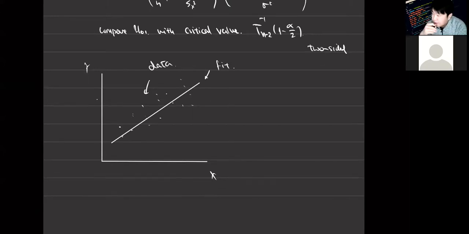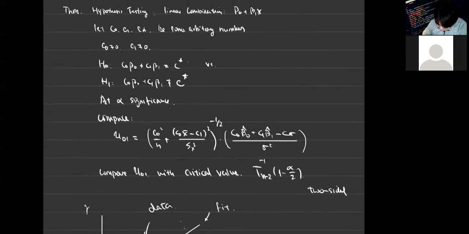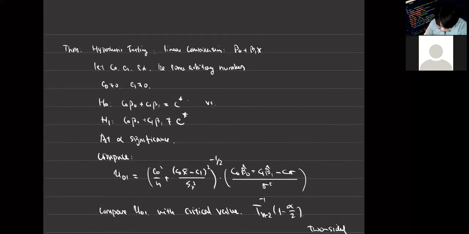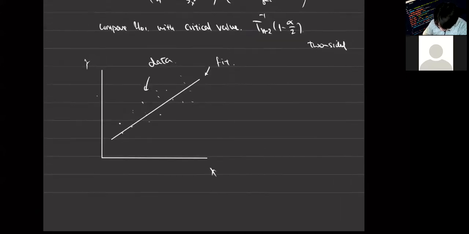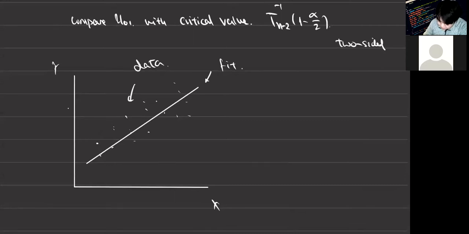So that's the setup, done. Now, once this is done, the problem says I'm going to give you some arbitrary number. Imagine there's a dot here, and you observe some x.